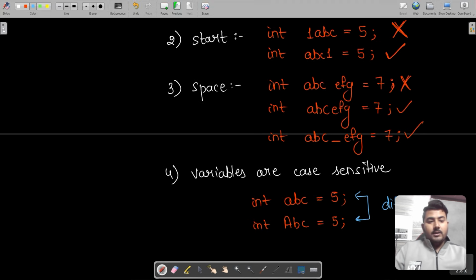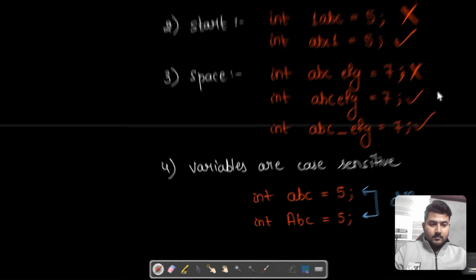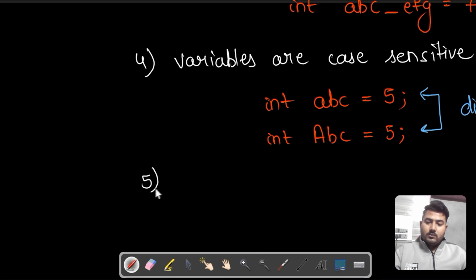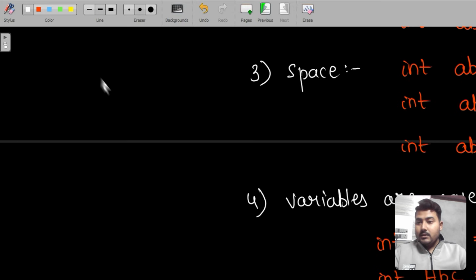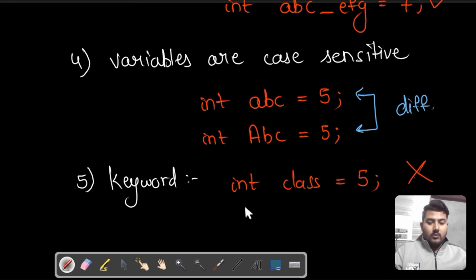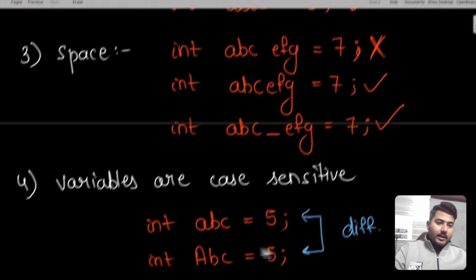We are going to treat them as totally different things. And one last rule which you already know: no keyword can be used as a variable name. If I try to say int class is equal to 5, that is a totally invalid syntax. You can have any variable but not any keyword.